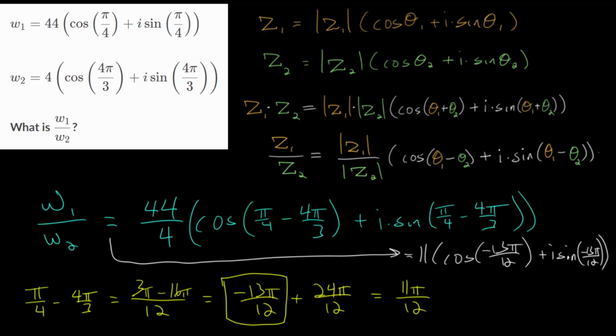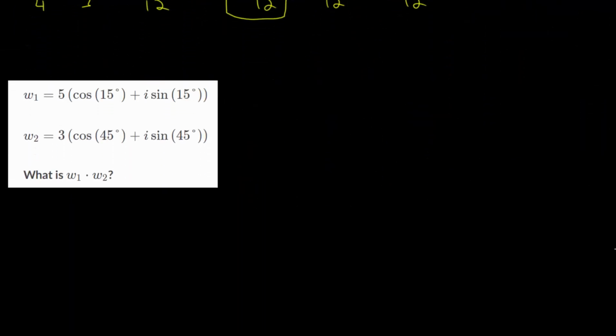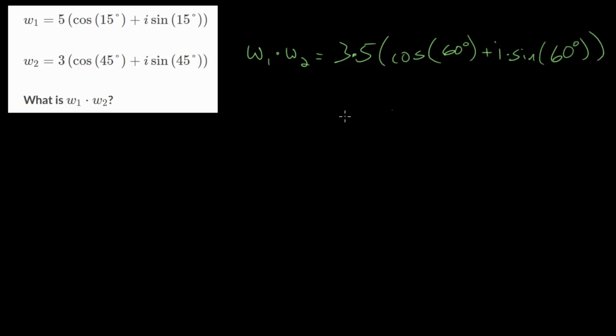Now, let's look at one final question where we have multiplication, and with multiplication, we multiply the magnitudes and we add the angles. So we can write that W1 multiplied by W2 would be 3 times 5 multiplied by the cosine of 15 plus 45, which would just be 60, plus i times the sine of that same angle, 60 degrees.